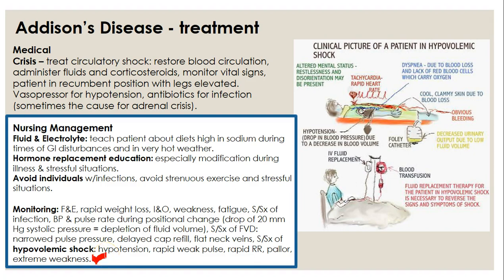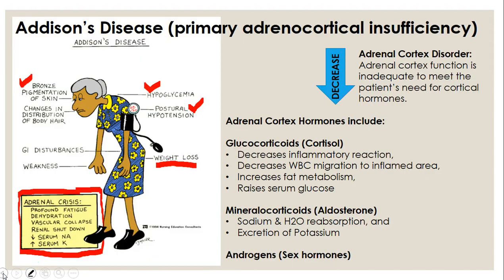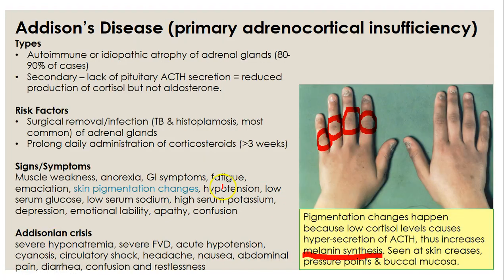But again, really the only thing I would want you to know about Addison's for testing purposes is that it is a decrease in cortical hormones, which are these three areas here, and also just know some of the more highlighted symptoms like pigment changes, but I won't hold you responsible for the treatment of Addisonian crisis.